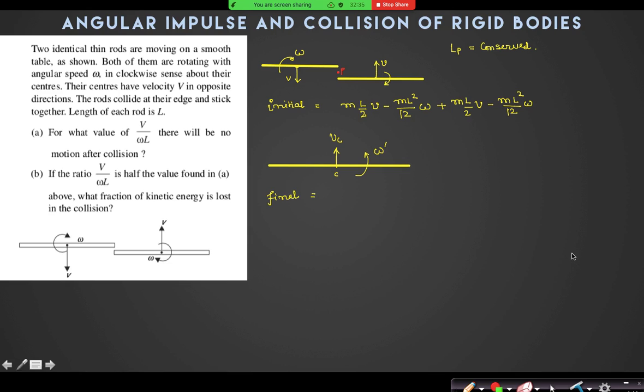It is m into 2L square by 12 omega prime, with mass 2m. There is no m R cross Vc because this point is just below the point C. So if I equate these two, I will find the value of omega prime.